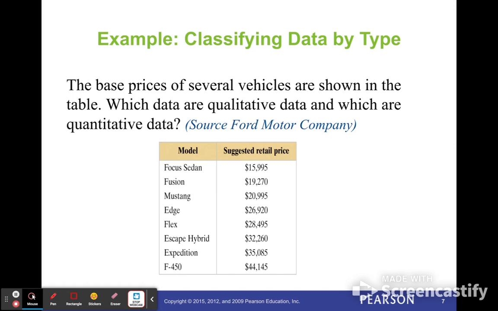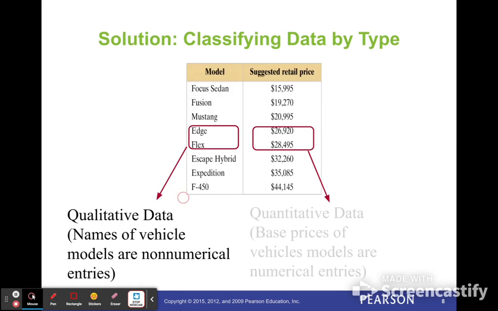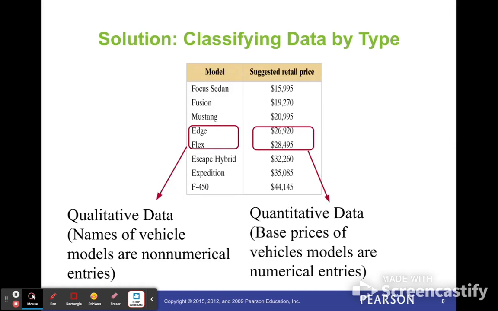It doesn't give you a number, so this itself is qualitative data. However, the suggested retail price gives back a number, so this one is quantitative data. Do you understand the difference between qualitative and quantitative? I hope it's clear, because we go on to the next slide.